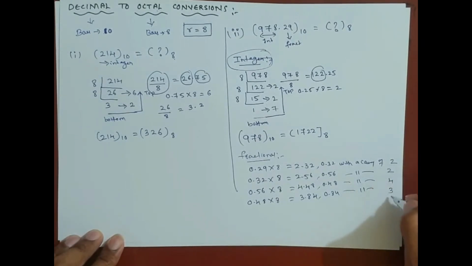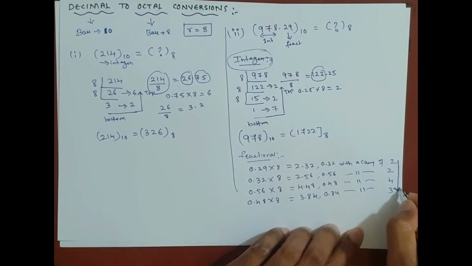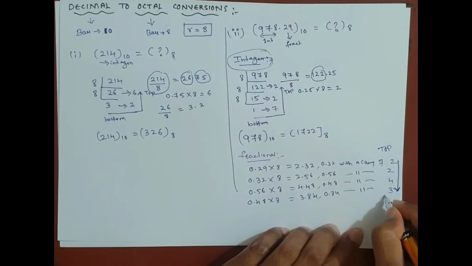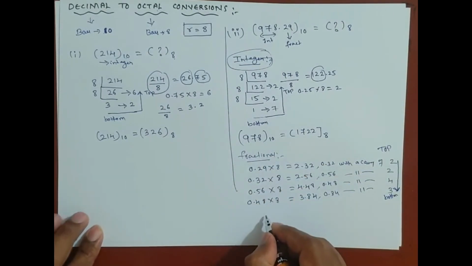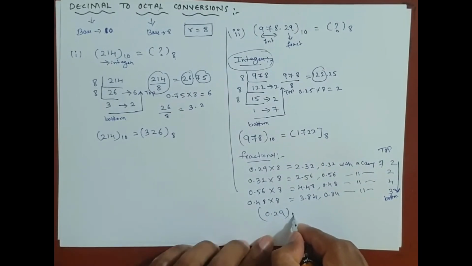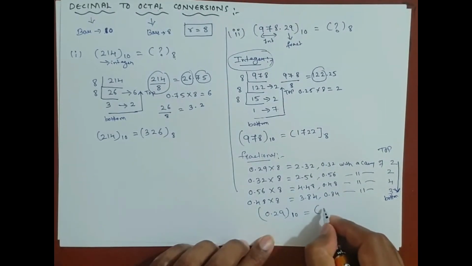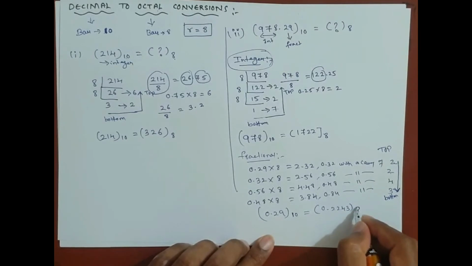So perform some 3 to 4 steps, and here the result will be read from top to bottom. It means 0.29 in decimal can be written as 0.2243 in octal.